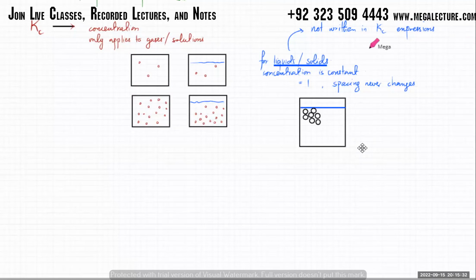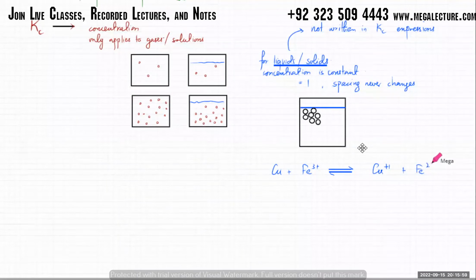If I have an equilibrium reaction that looks like this: copper plus Fe3+ in equilibrium, forming Cu2+ and Fe2+.